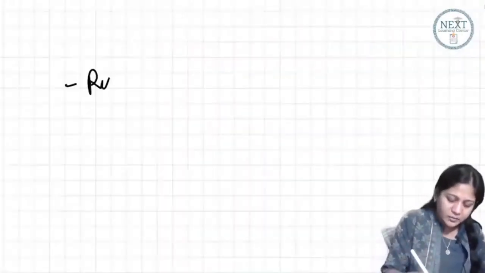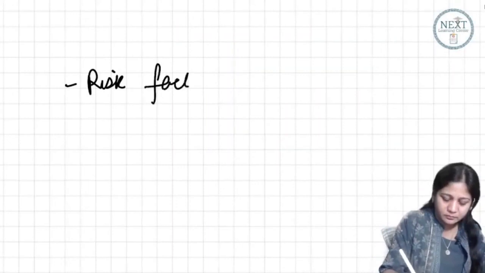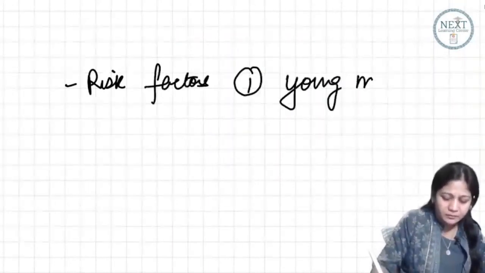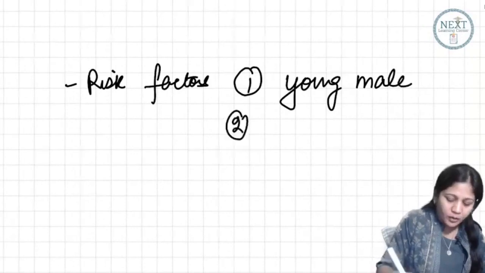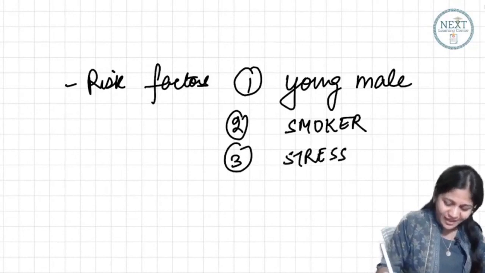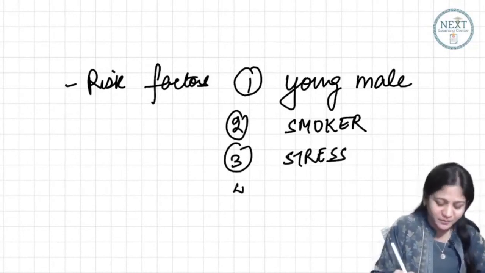So what are the risk factors? First of all, the risk factor is a young male who is a smoker, who is under a lot of stress. I hope it's not you.